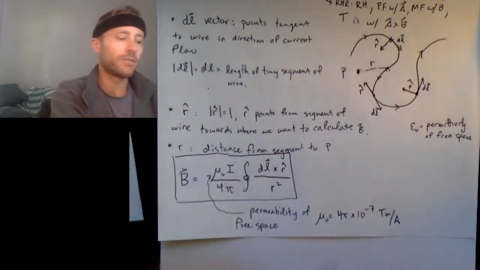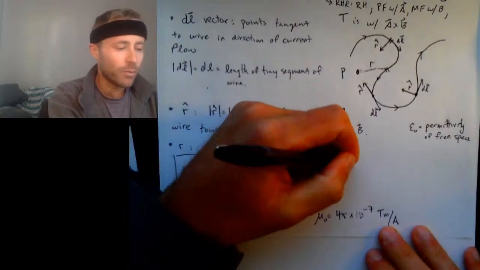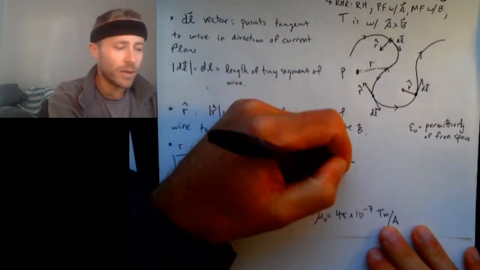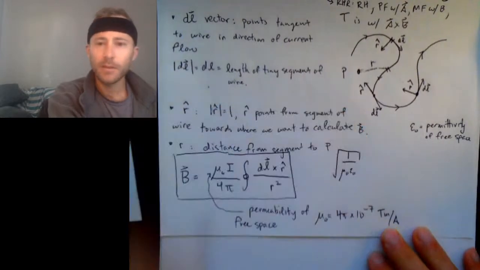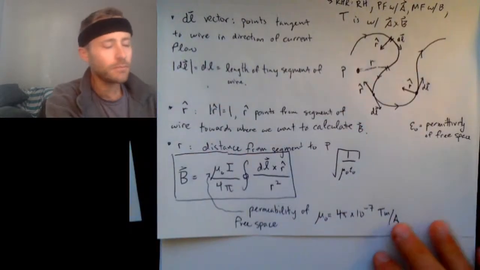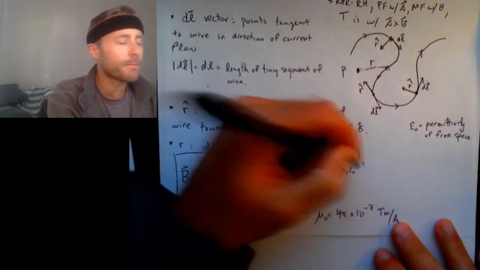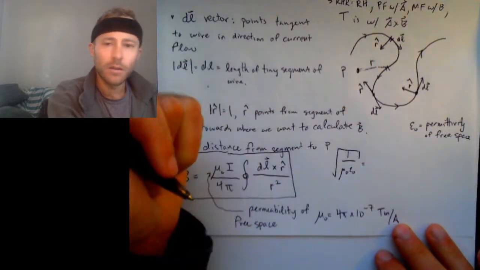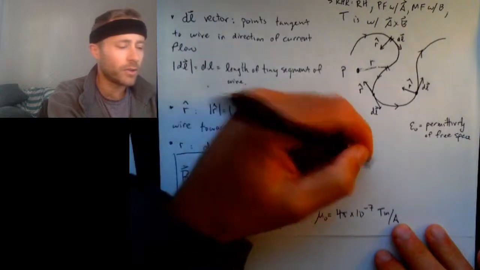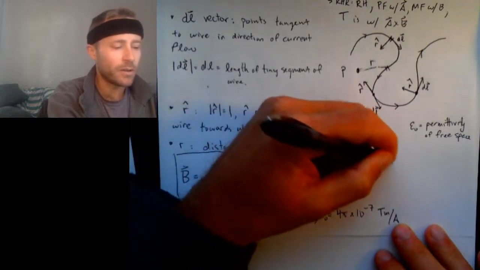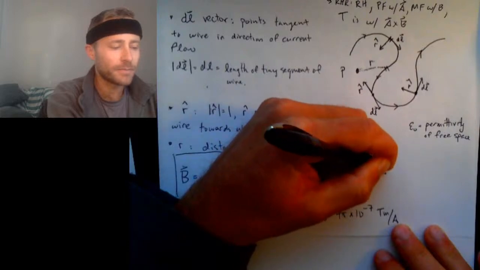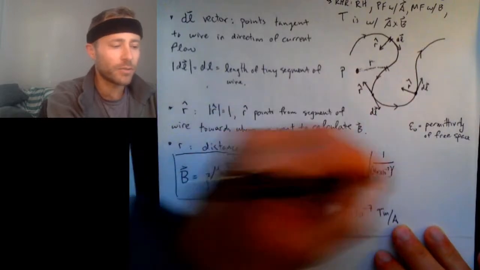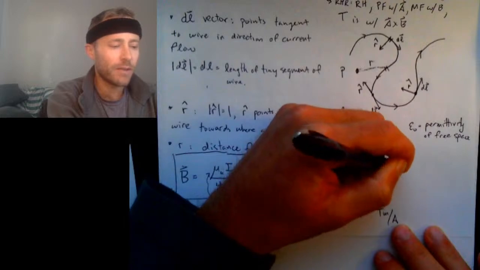Here's a fun fact. What if we did 1 over mu naught times epsilon naught, and then we took the square root of that? Okay. So that would be the square root of 1 divided by 4 pi times 10 to the minus 7 times the value of epsilon naught, which is 8.85 times 10 to the negative 12.